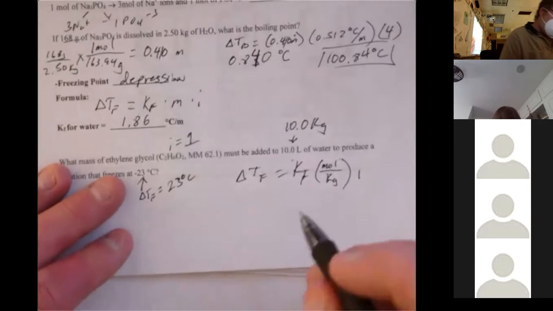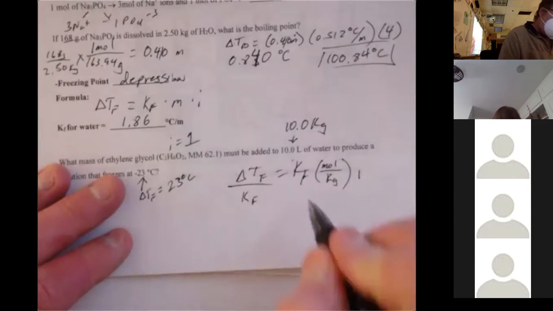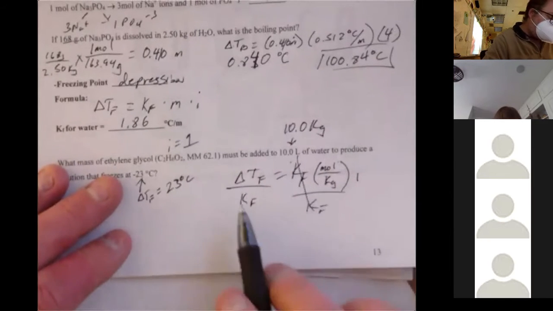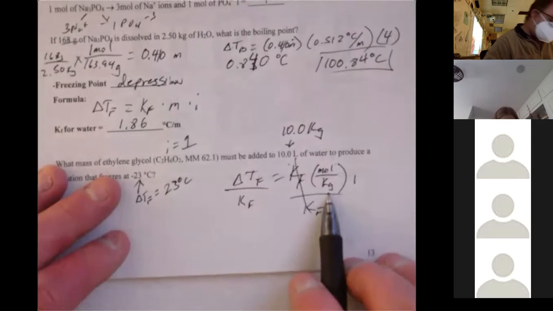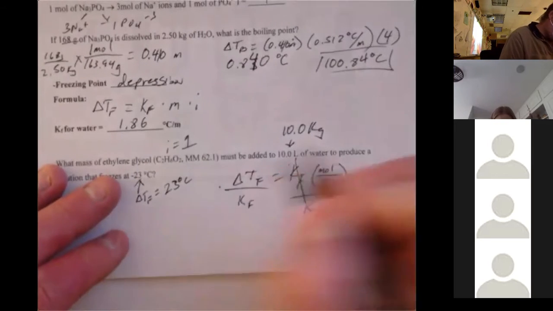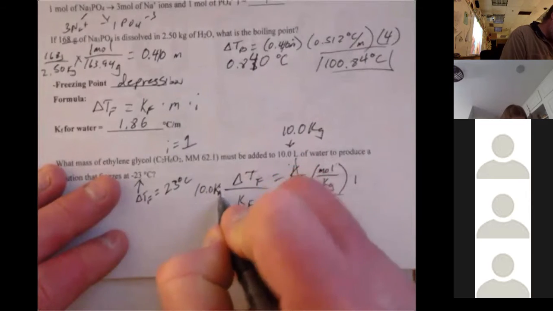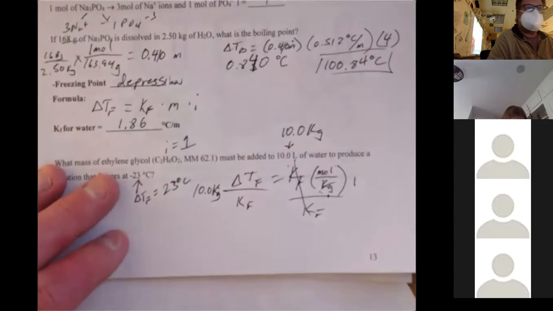So I'm going to take the delta T of F and divide both sides by K of F. And then I have delta T of F over K of F equals moles per kilogram. I know the number of kilograms, so I'm going to multiply this side by 10.0 kilograms. That will give me moles. After I get the moles, I can find the mass.